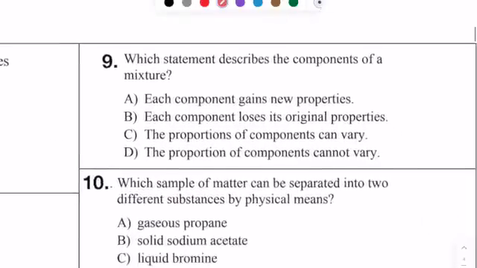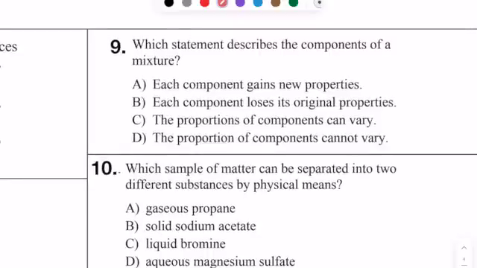For number 9, which statement describes the components of a mixture? So our options are: each component gains new properties, each component loses its original properties, the proportions of the components can vary, the proportion of the components cannot vary. So we already talked about the proportions, and we said that in case of mixtures, the proportions can change.